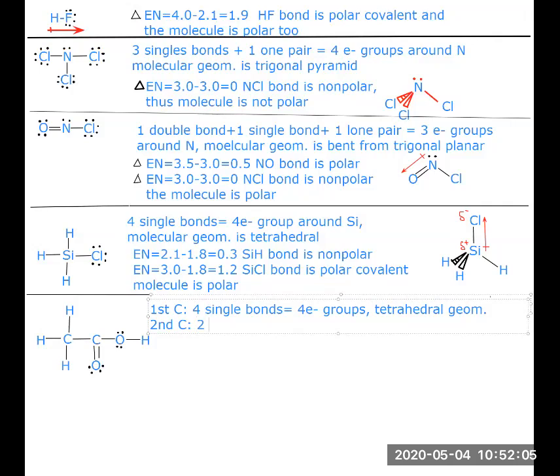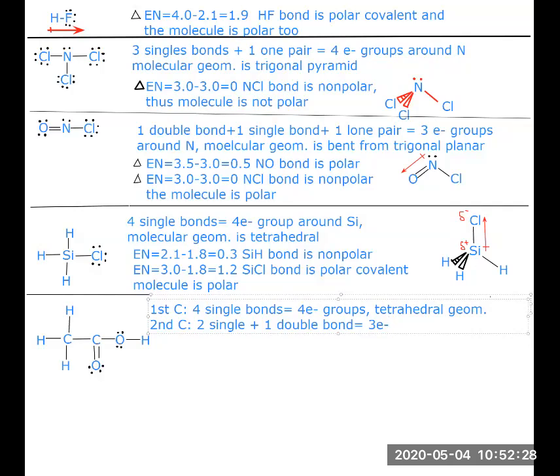Either way works, right? I will write 2 single plus 1 double bond. So that's 3 electron groups, right? The double bond counts as 1 electron group.